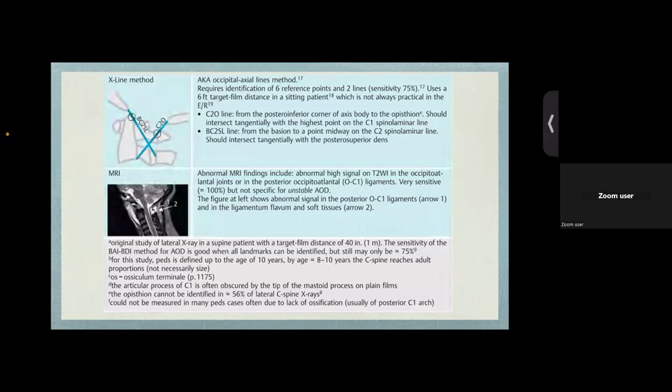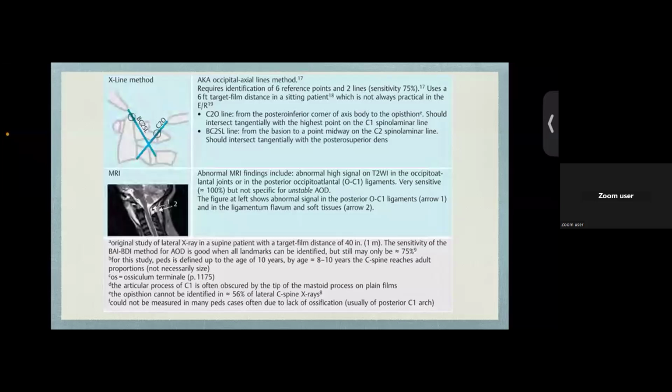The C2O line, from the posterior inferior corner of the axis body to the opisthion, should intersect tangentially with the highest point of the C1 spinolaminar line, and the BC2S line, from the basion to a point midway on the C2 spinolaminar line, should intersect tangentially with the posterior superior dens.